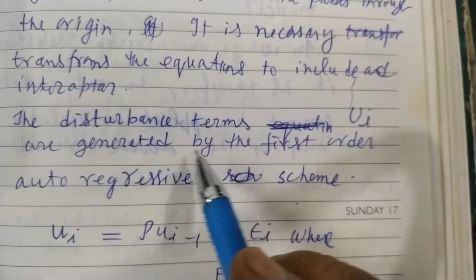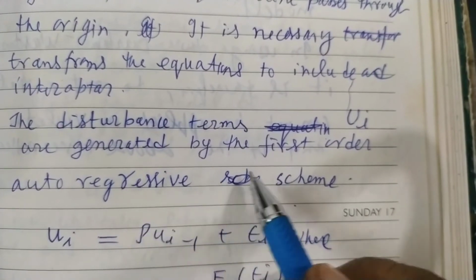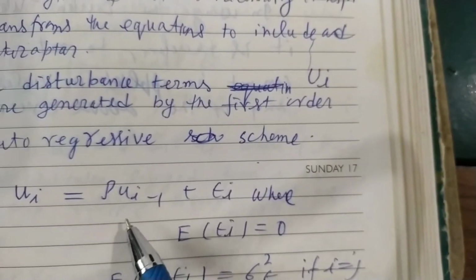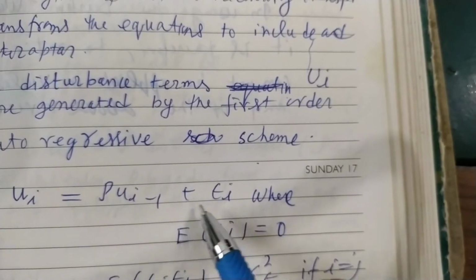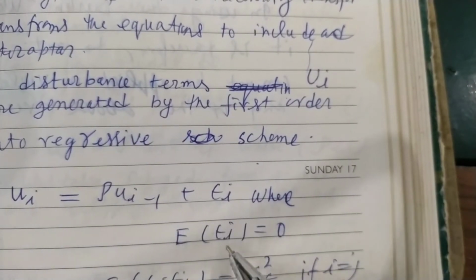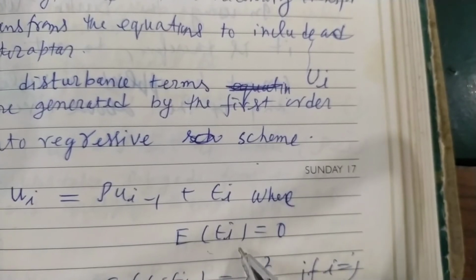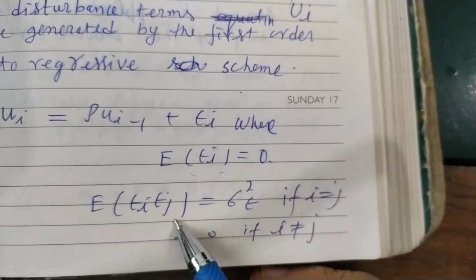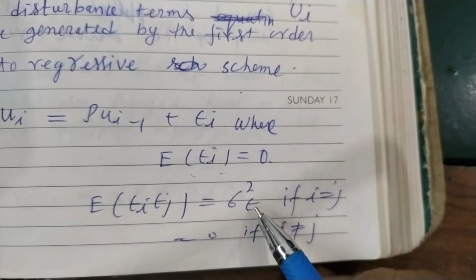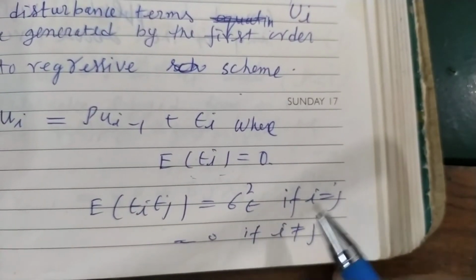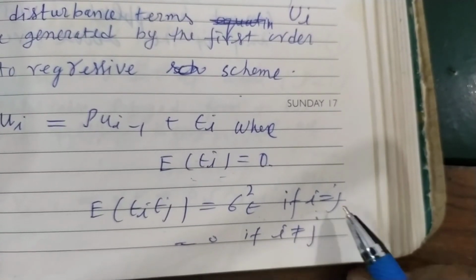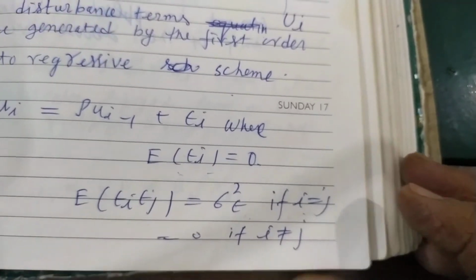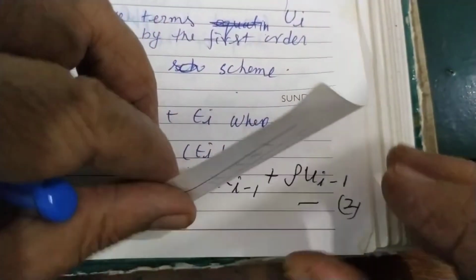Second, the disturbance terms ui are generated by the first order autoregressive scheme. ui is equal to rho ui minus 1 plus epsilon, where the assumption is E epsilon is equal to 0, E epsilon i epsilon j equal to the common variance of epsilon if i equal to j and equal to 0 if i not equal to j, just like your disturbance term.